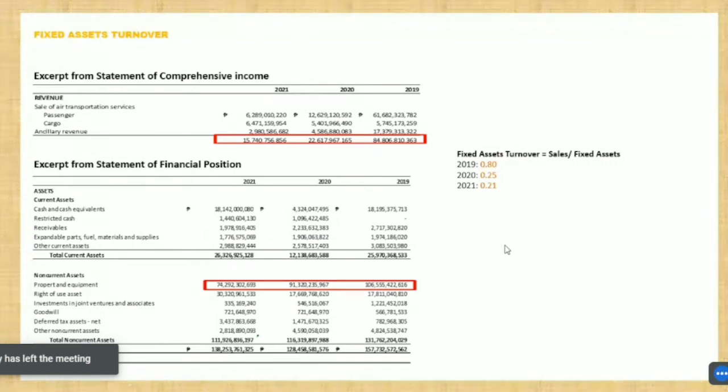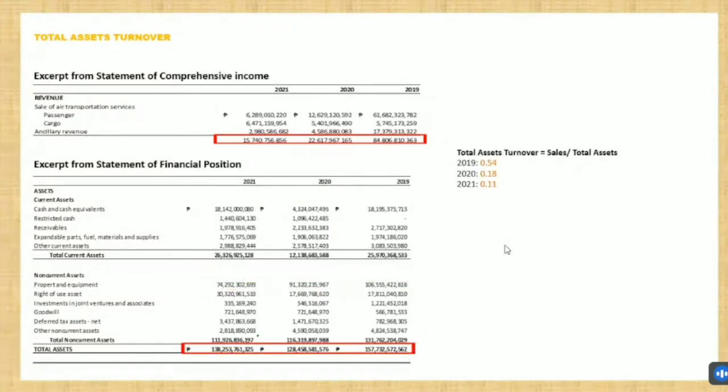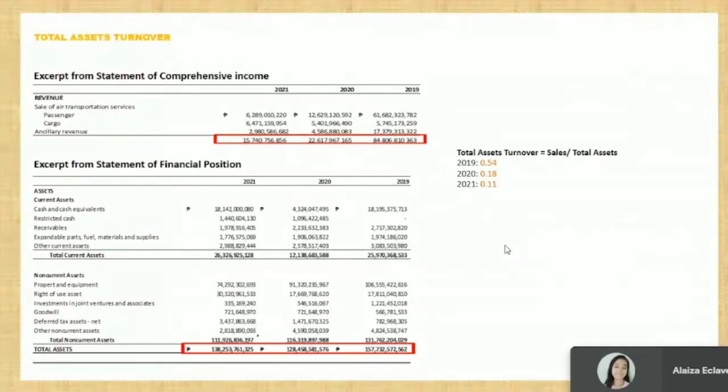Dito makikita natin kung gaano kaganda yung kanyang plant, property and equipment, wherein katulad nung sa total assets turnover ratio, next slide, ay bumaba sila parehas, and in these two, we want a higher asset turnover and a higher fixed asset turnover ratio as much as possible, because in the case of Cebu Air, the fixed asset turnover decreased and the total asset turnover decreased, which means na the company wasn't able to efficiently use its assets to generate sales.